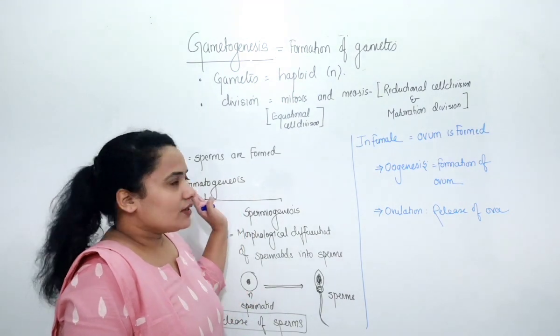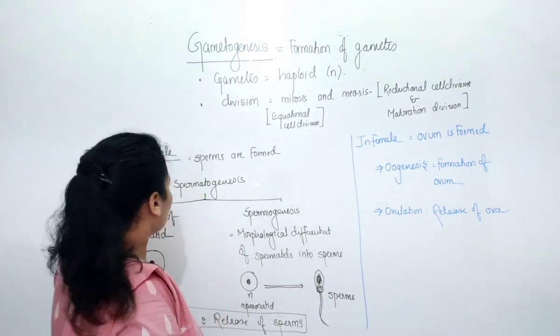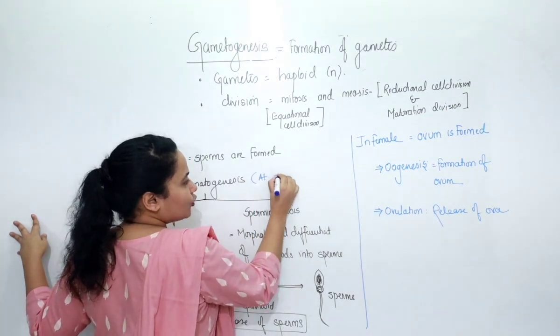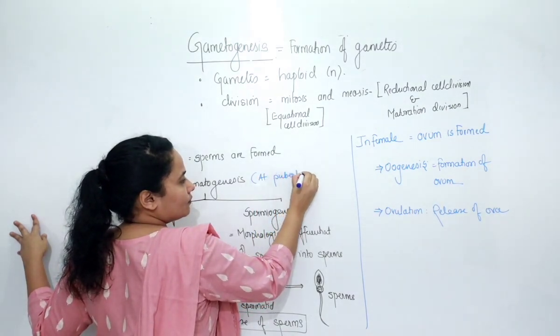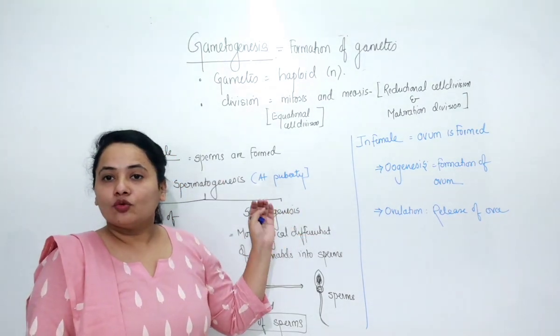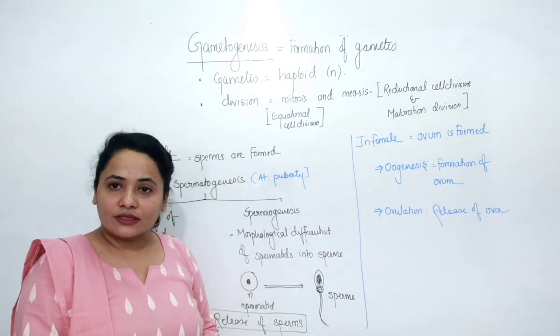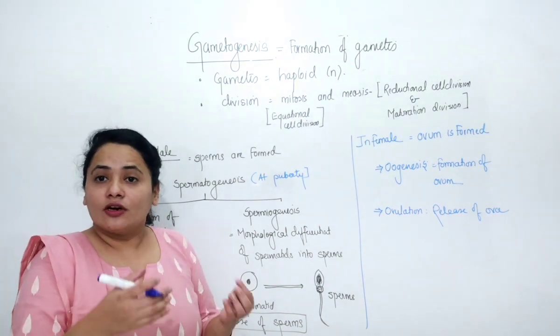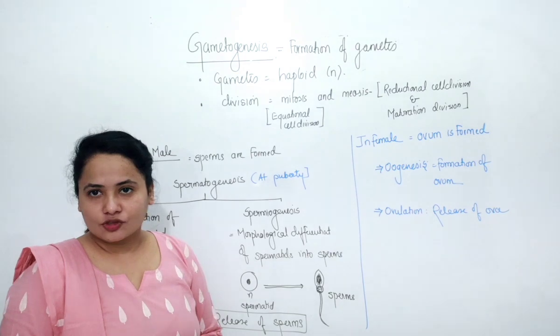Now, when does this start? Let me tell you that spermatogenesis starts at puberty. Okay? Whereas in female, oogenesis starts right when that particular female is herself at the embryonic stage.